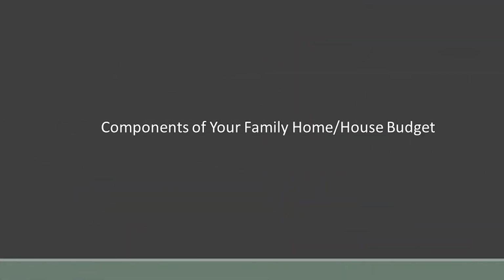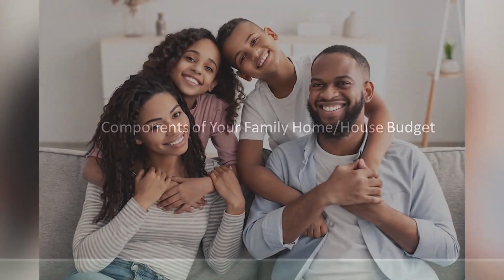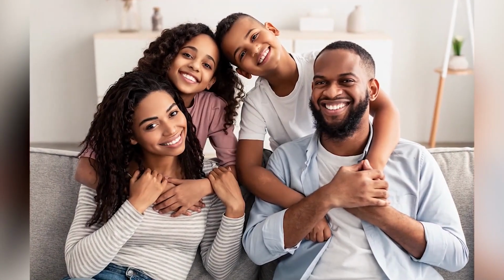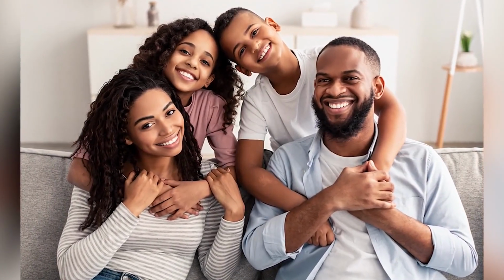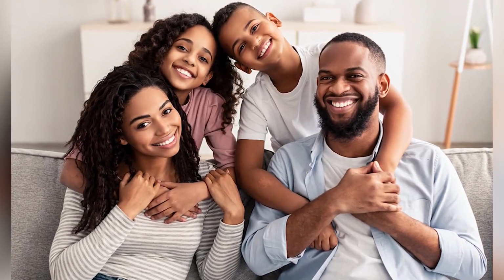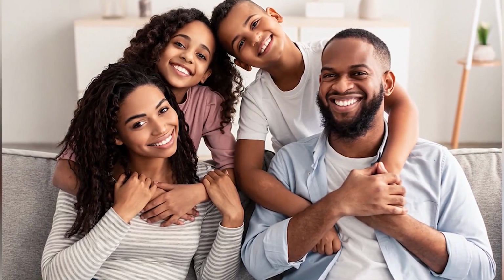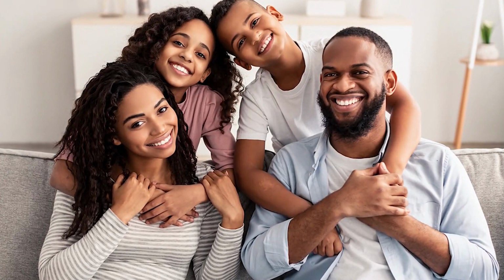Now, onto components of your household budget. Let's look at a typical family, a typical household. That might not necessarily be your family, but a typical family, say a family of 4, mother, father, 2 kids. Let's go with that.